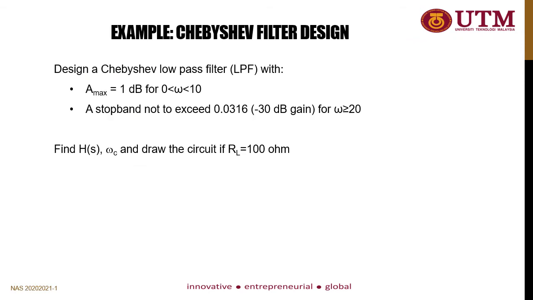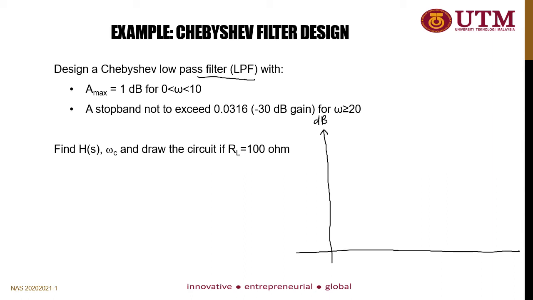Let's look at an example on Chebyshev filter design. Design a Chebyshev low pass filter. The first keyword is low pass filter, with the following specification. I recommend you draw the filter response so that you can see where alpha P, alpha S, omega P and omega S are located.